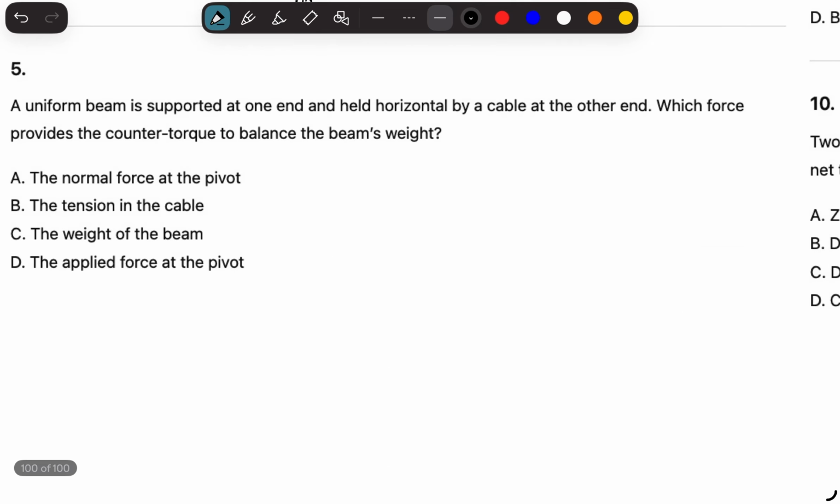A uniform beam is supported at one end and held horizontal by a cable at the other end. Which force provides the counter torque that balances the beam's weight?